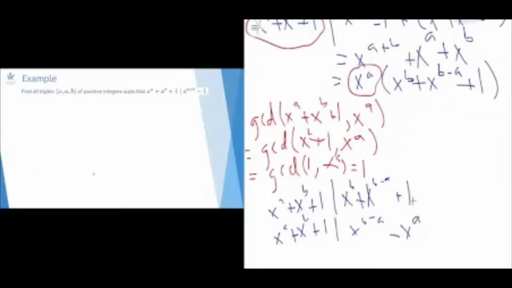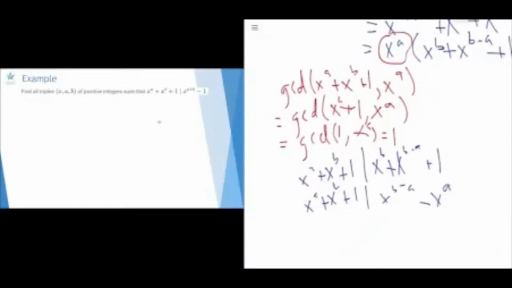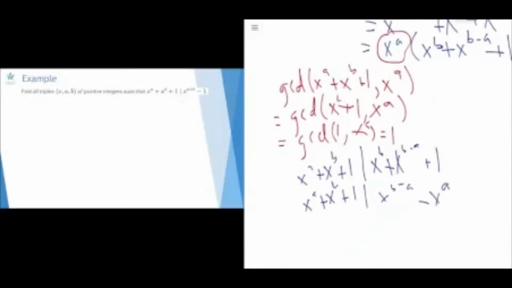So once again, we know that x to the a is relatively prime with this left-hand side. Oh yeah, actually, sorry. We should do some cases.